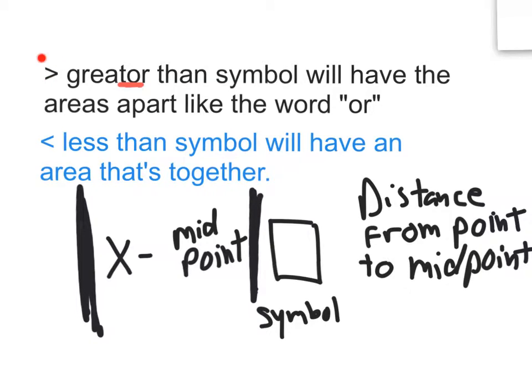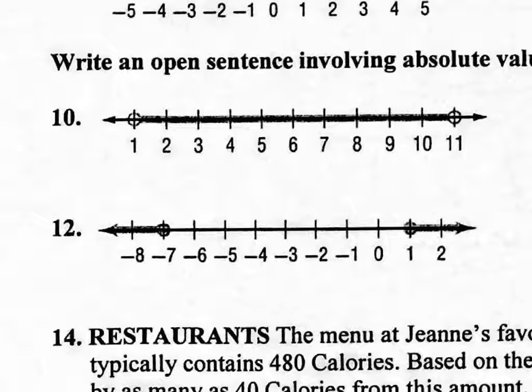So it's this simple. If you have a greater symbol, then your areas will be apart, like the word "or." If you have a less than symbol, then we're going to have an area that's together. Does that make sense? So jumping back to 10, is this area apart or is it together? Together. So are we going to have the greater than symbol or the less than symbol?